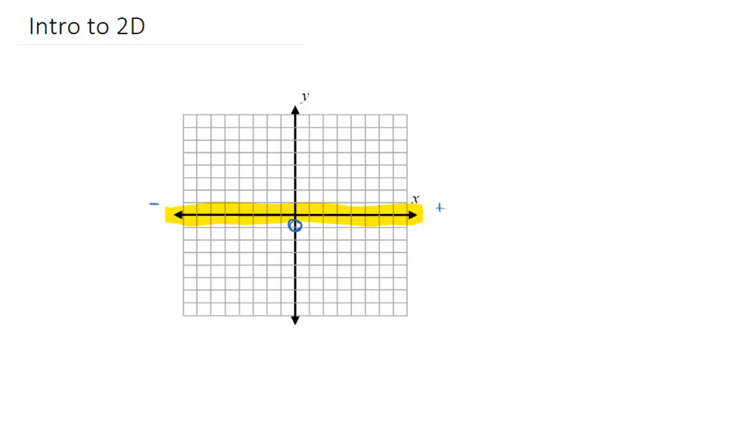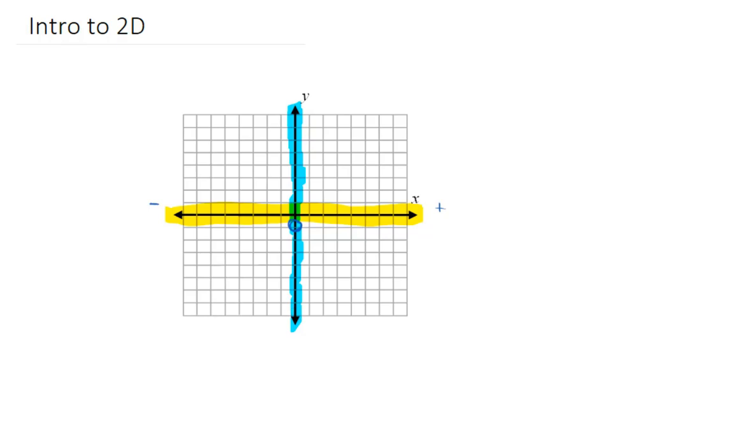Now what we're doing when we go to two-dimensional graphing is we've taken another number line and intersected it. So we have a number line for each of the variables. The way I have this set up here, the number line for the x variable will be the horizontal axis. The number line for the y variable will be the vertical axis.